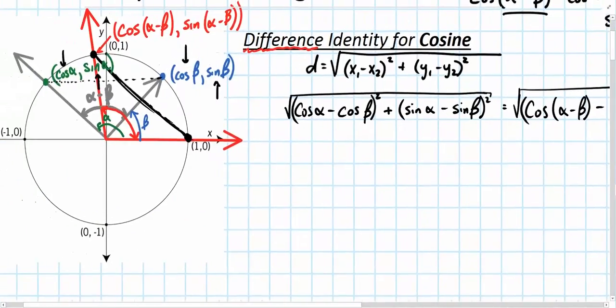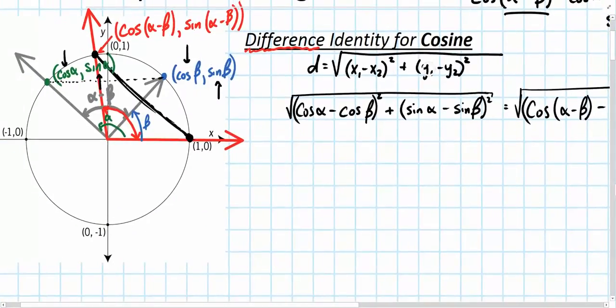On the left side of my equal sign, I've used this distance formula as a template, and I've subtracted x1 minus x2. So x1 coming from this cosine, x2 coming from this cosine. And I've squared that result, and I added to it y1 minus y2.